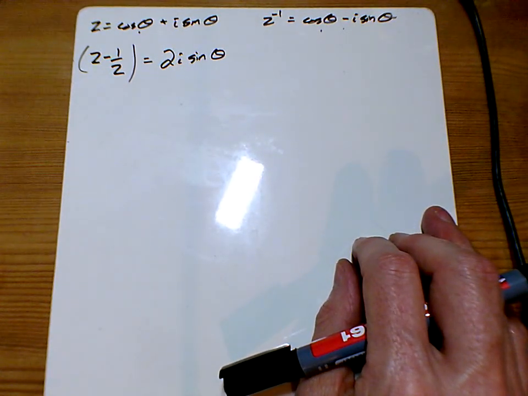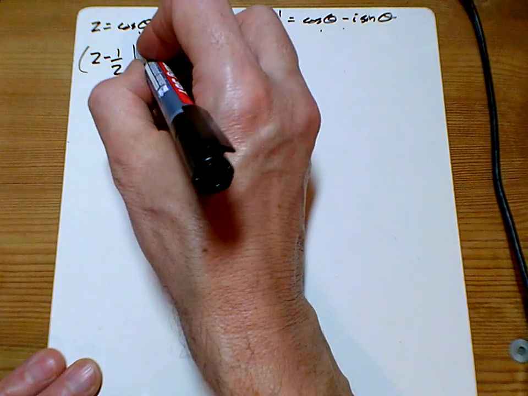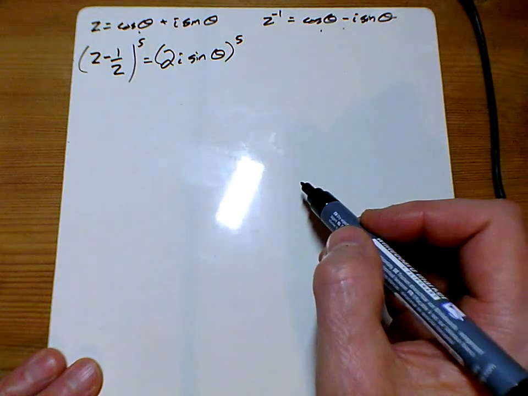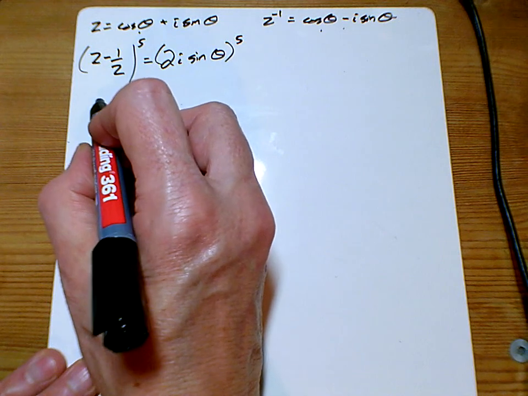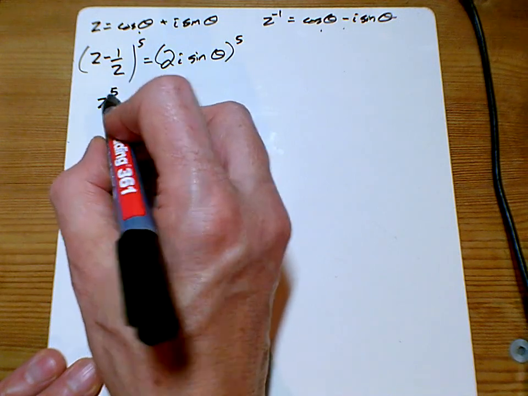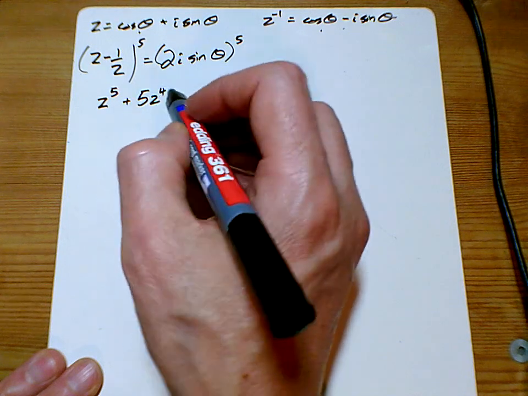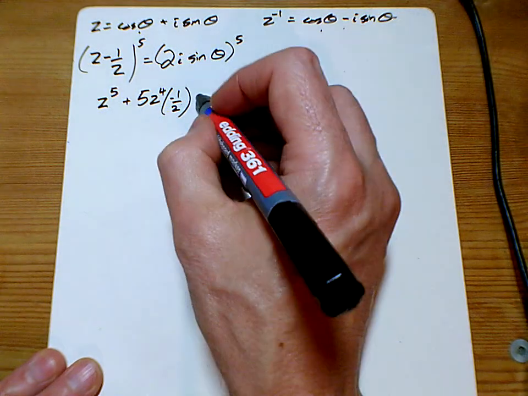The question's asking you to do this to the power of 5, isn't it? So we're going to do all of this to the power of 5. Let's go for the expansion first, shall we? So we're going to get z to the power of 5. We're going to get 5z to the 4 and then minus 1 over z. Got to be careful with that minus.